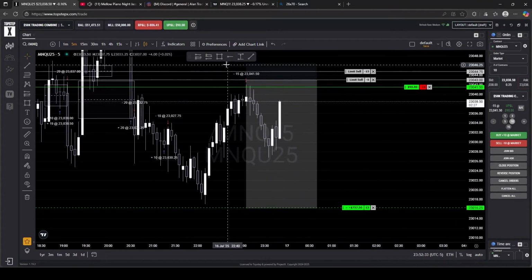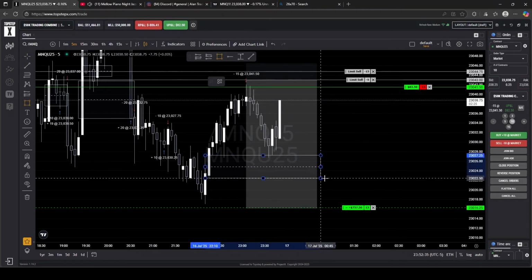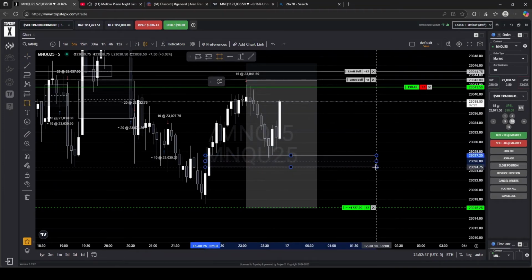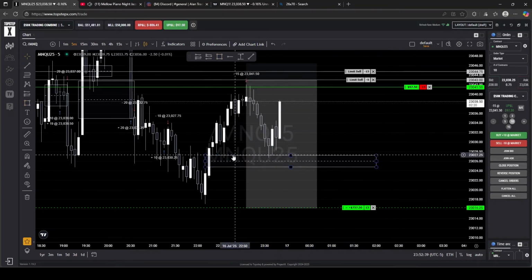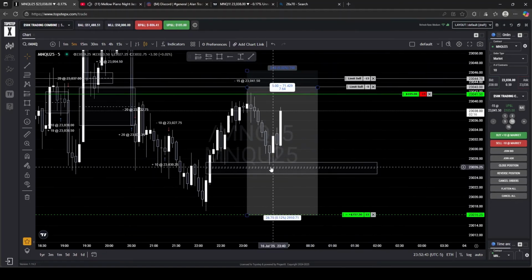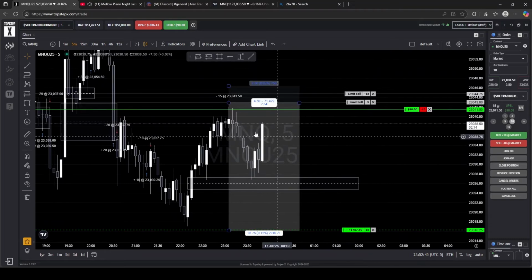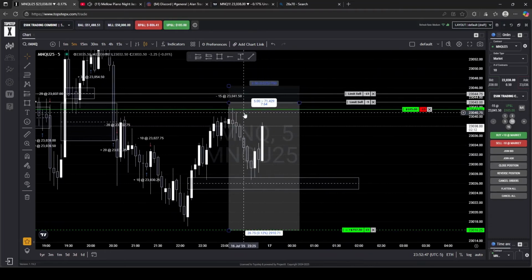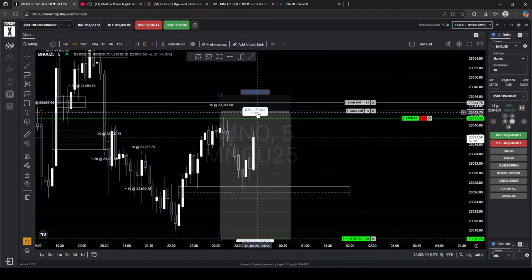Because what did it really reject off of? I guess I rejected off this 5 minute fair value gap. Rejected nicely off of it. Potentially see if I get my limits hit.